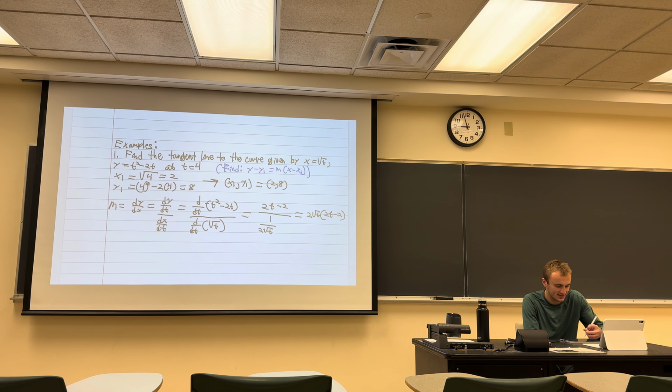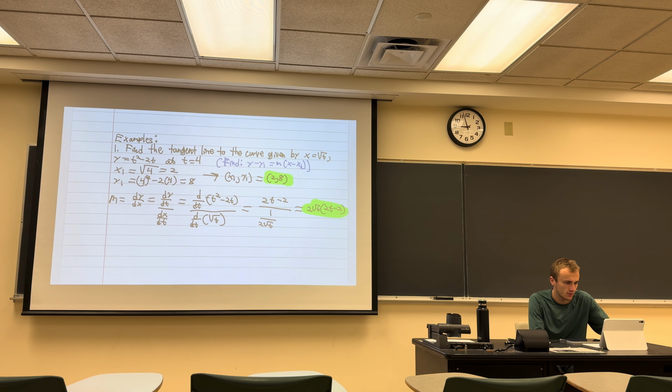I'll just highlight the important parts here. We have our coordinate point and our m value. So dy/dx at t equals 4, where t equals 4 means evaluated at t equals 4, is just going to equal 2 root 4 times 2 times 4 minus 2.